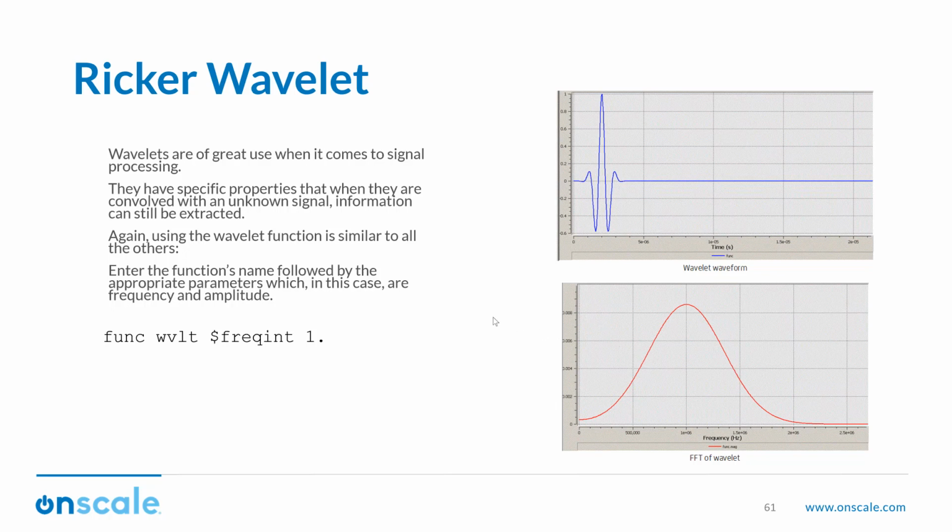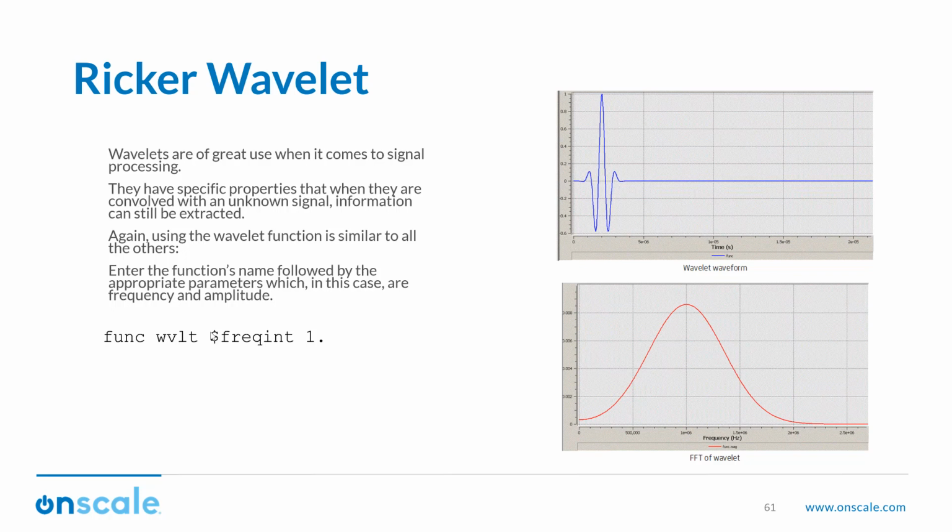The advantage is that this is a wavelet, and if you know about signal processing, wavelets are very useful types of functions because they can be convolved with unknown signals and allow you to extract a lot of useful information from the output. You can basically define one very simply like this: funk wave with 4 characters, WVLT.